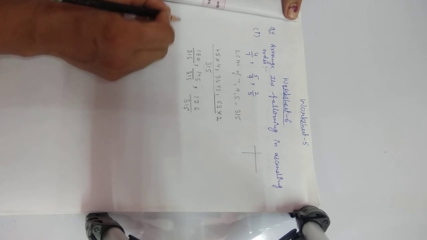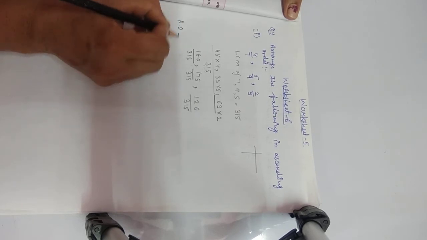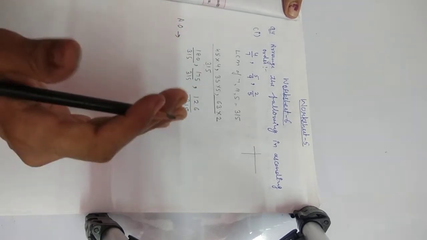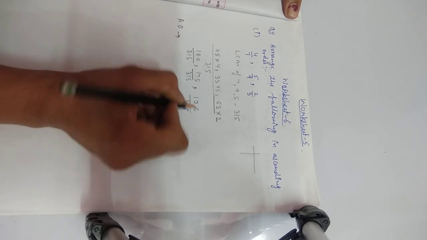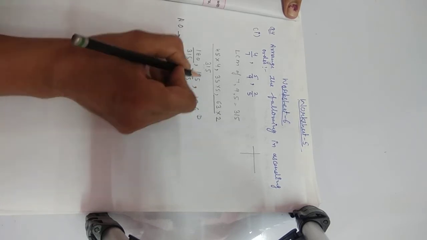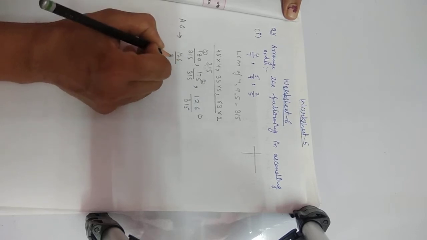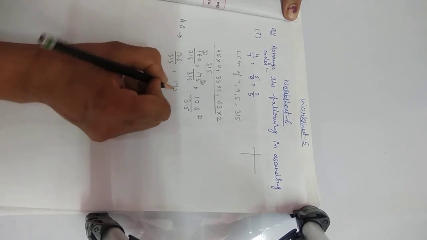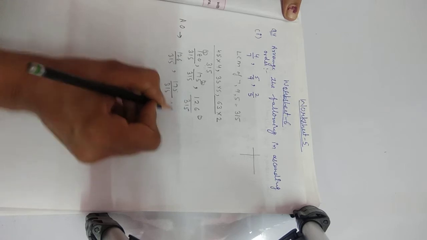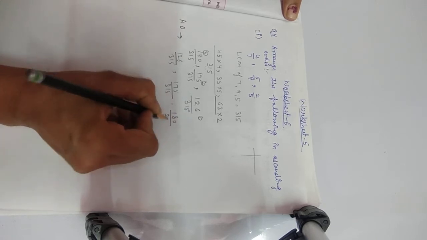Now write in the ascending order. The ascending order is smaller to bigger. The smallest number is 126, then second and third: 126, 175 and 180. It is ascending order.